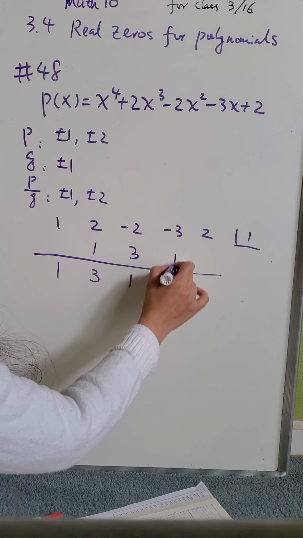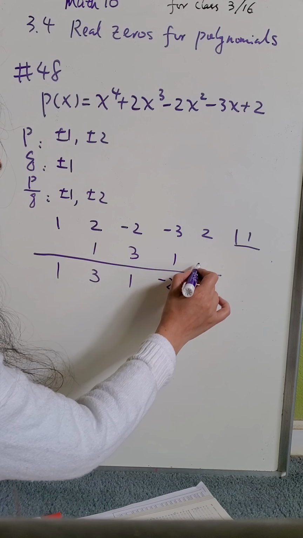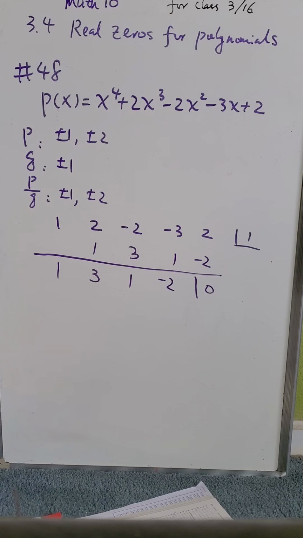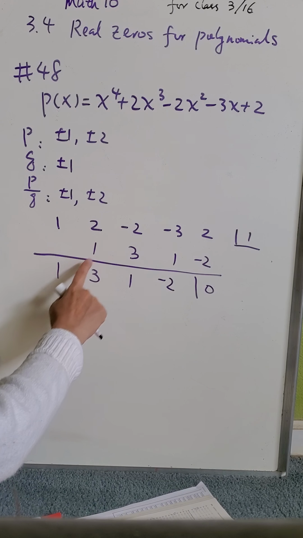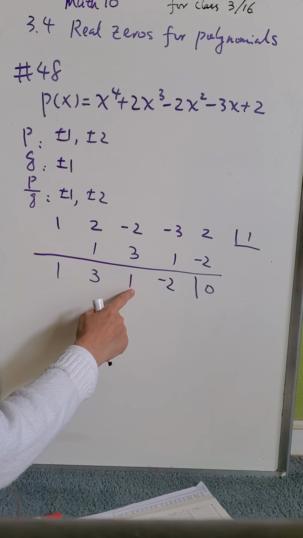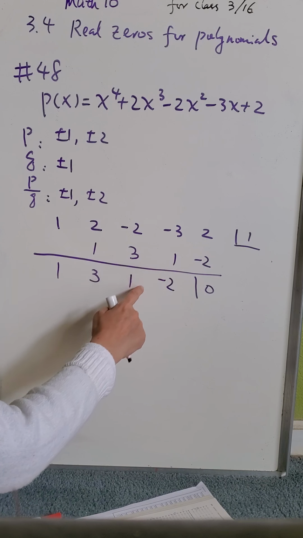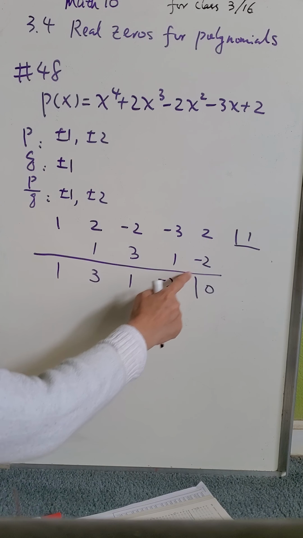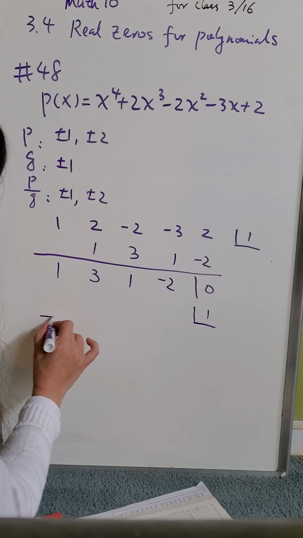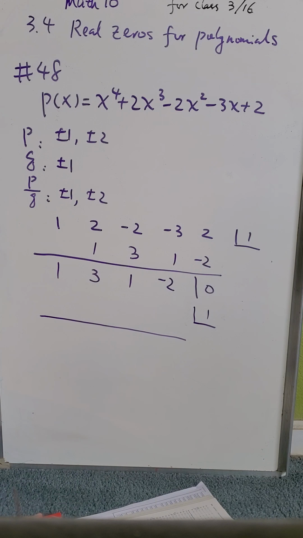And then 1 here, negative 2, so I get lucky, and then I get 0. I'm going to try 1 again, since there may be more than one that works, okay?